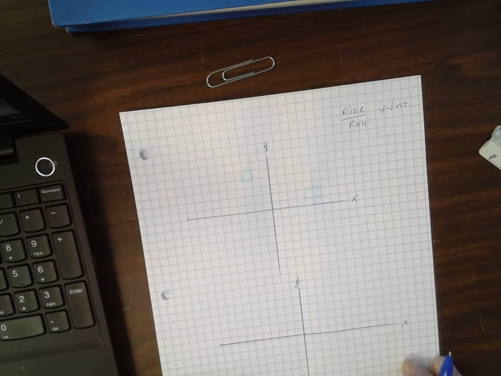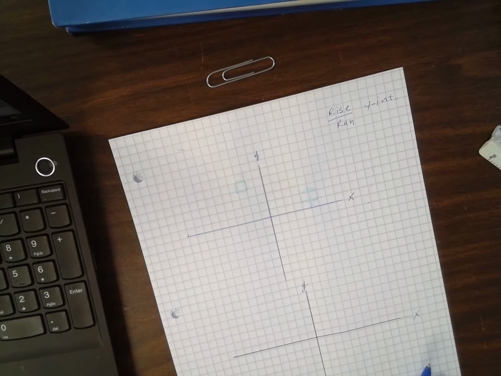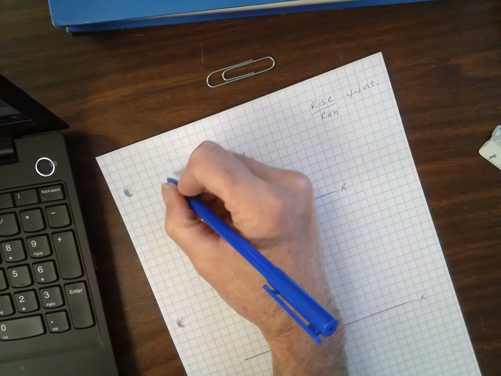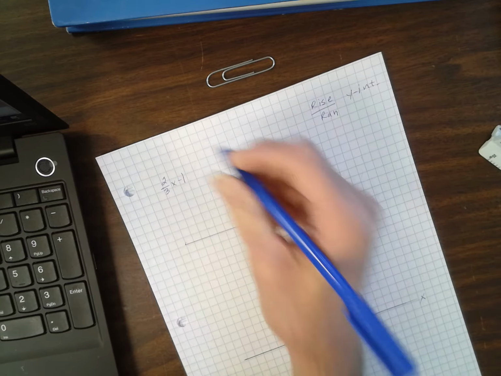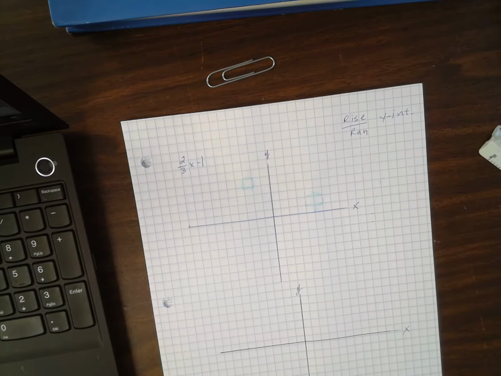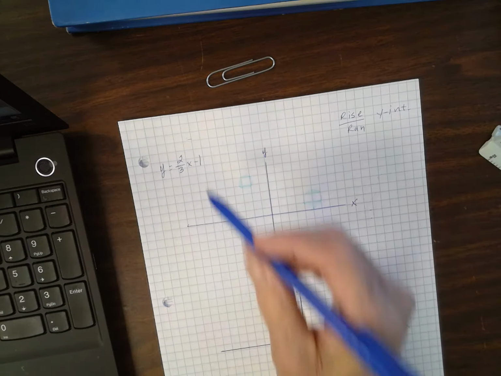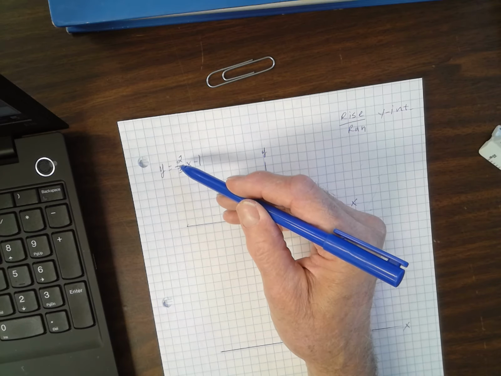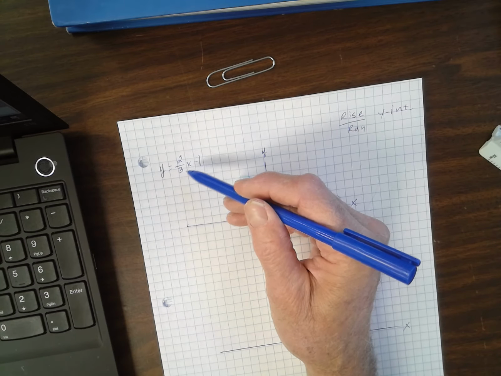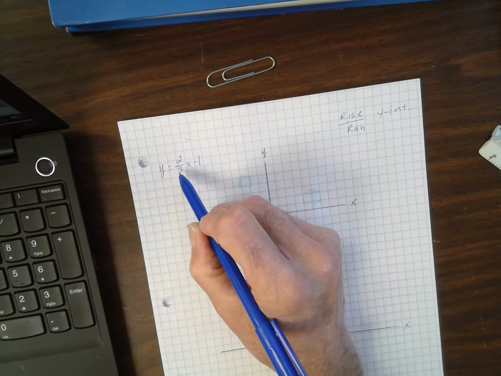Now, the first equation, y equals 2 over 3 x minus 1. So this is the slope.